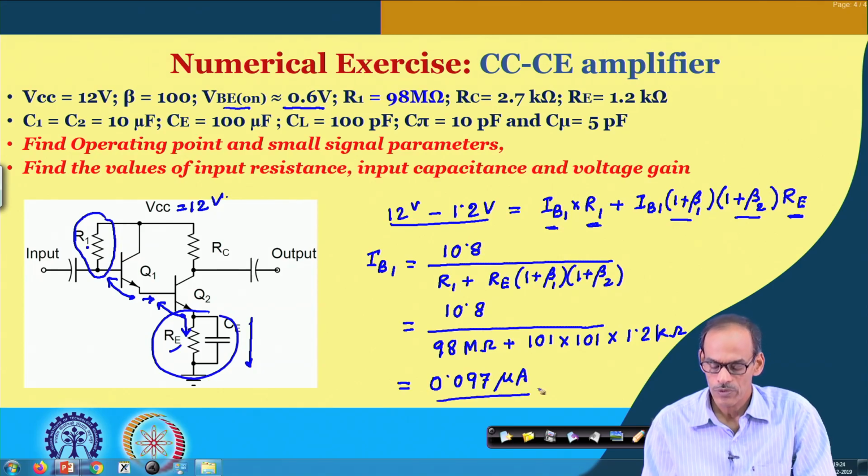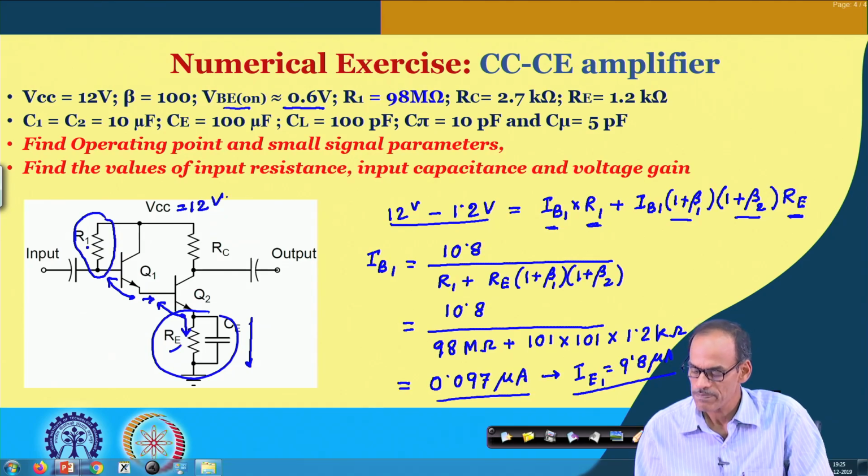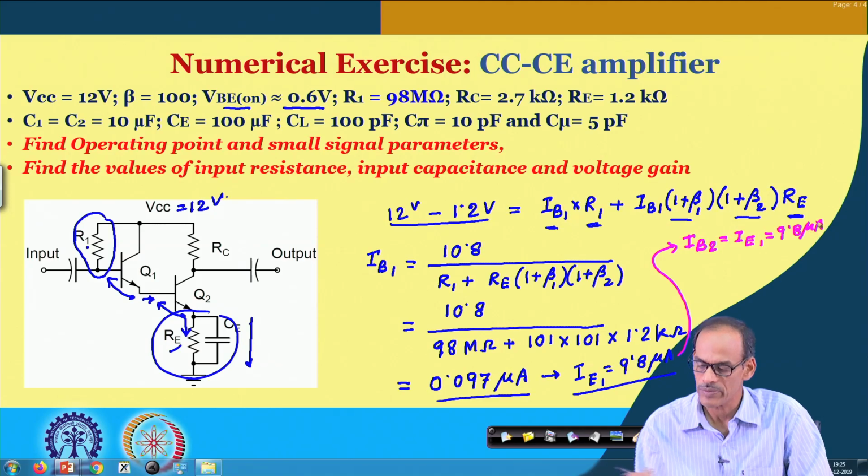and from that we can get IE1. So, if I multiply this by 101, we do get 9.8, maybe 9.85 microampere, and that gives us the base current IB2, which is IE1 equal to 9.85 microampere, to be more precise.